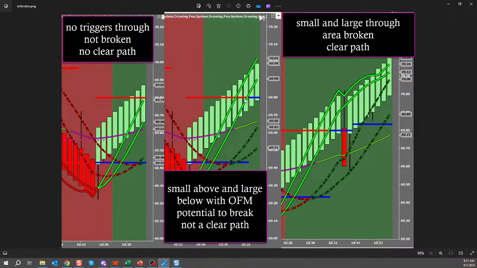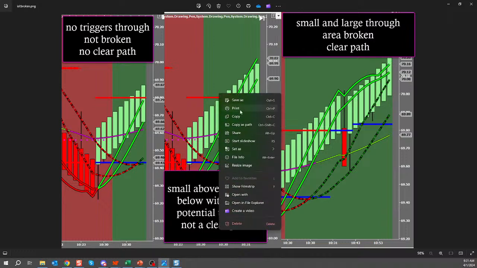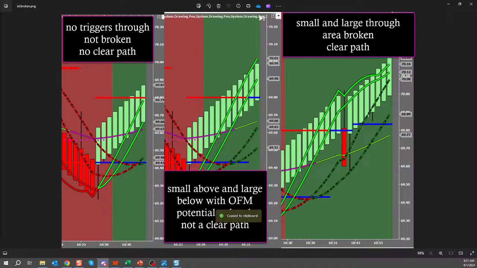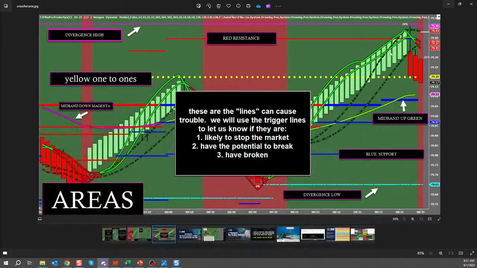The area has the potential to break, but because it's not broken yet, it's not a clear path, guys. And those are your 3 options when you reach an area. One requires patience, one requires chart reading to understand if there's an opportunity, and one says, man, let's look for the best of the best because it looks absolutely perfect.